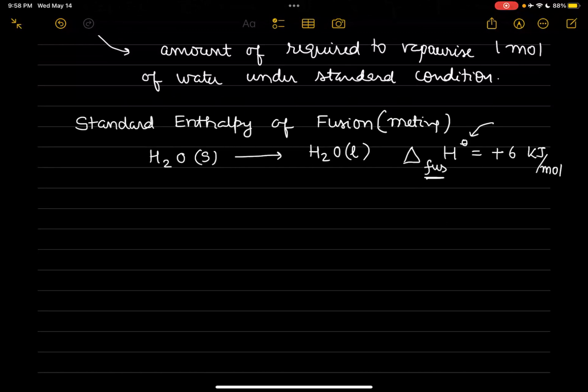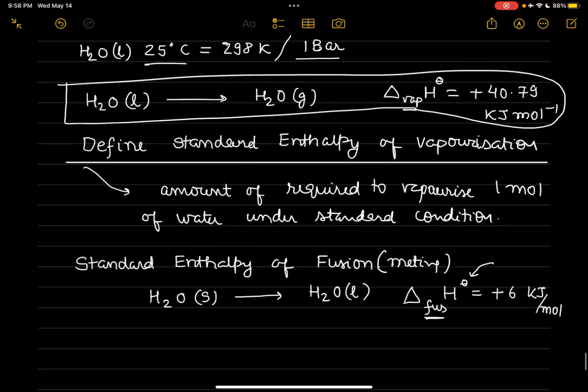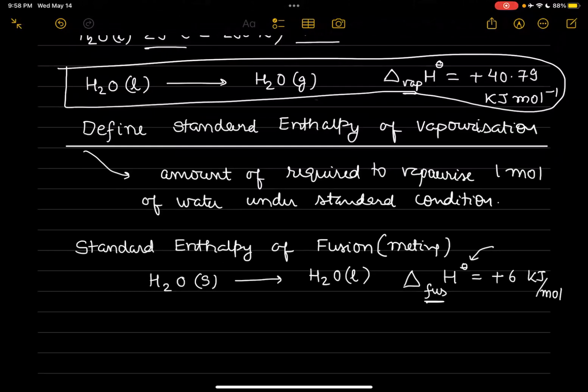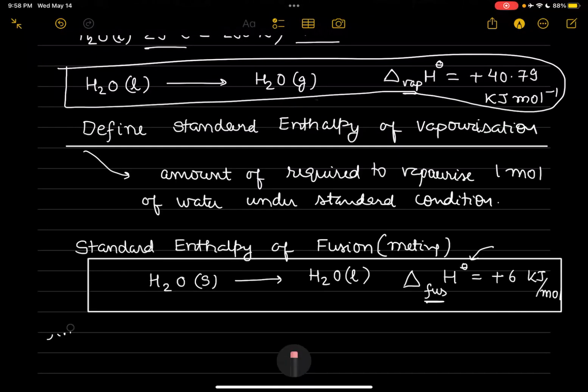Is it clear? Suppose I have given you these two thermochemical equations, and I give you one question.